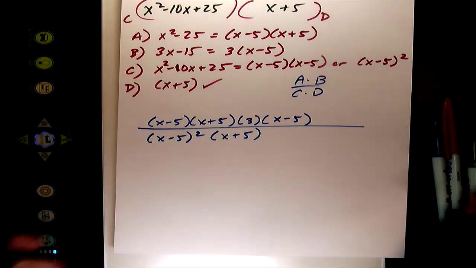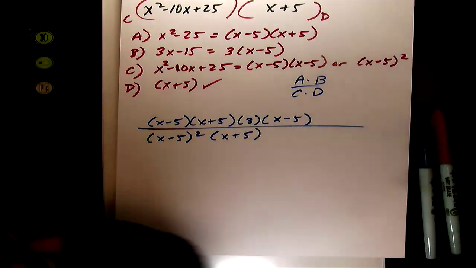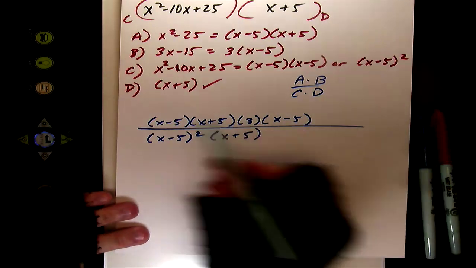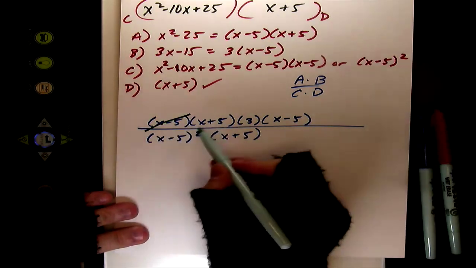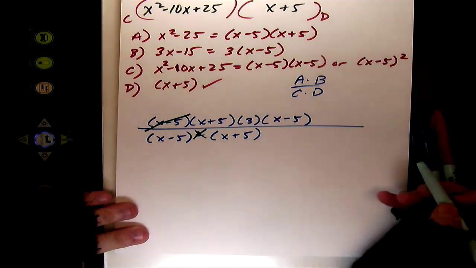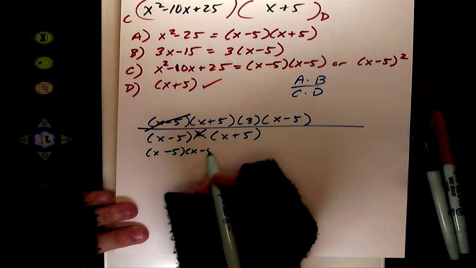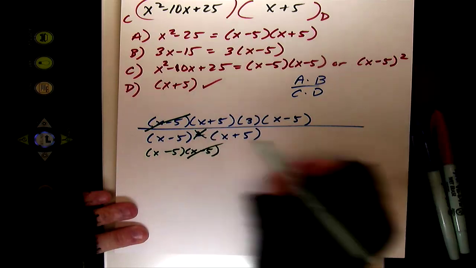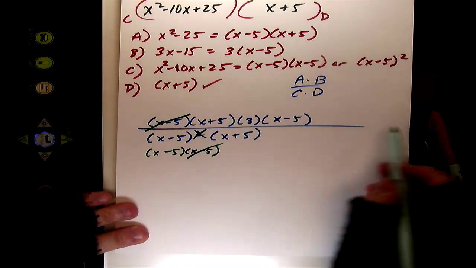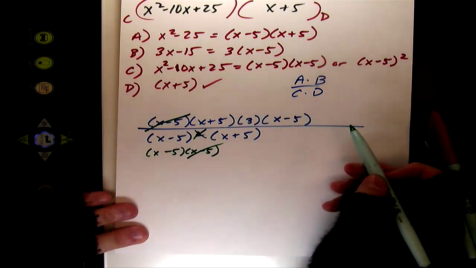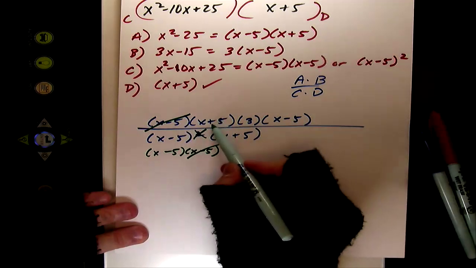Okay, so we cancel out what we can. This x minus 5 cancels out the square. Because this was x minus 5 times x minus 5. So we got rid of that one. And I'm just going to go across the top and see if I find it on the bottom. x plus 5 appears here.